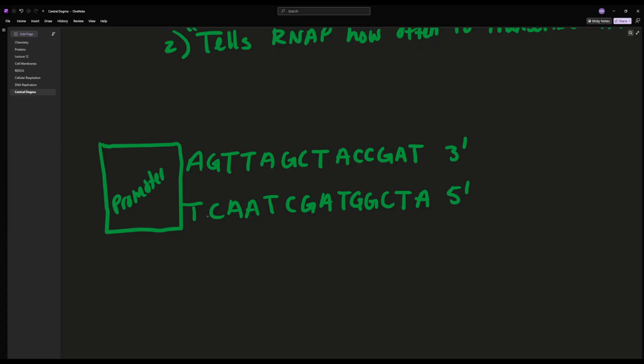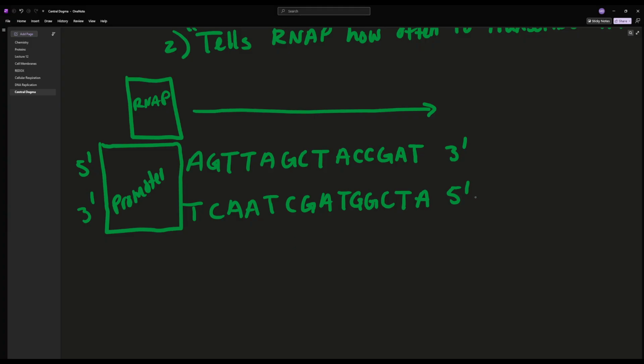I'm going to say that the promoter is on the left-hand side of the thing it's trying to transcribe. In other words, RNA polymerase is going to bind at the promoter, and because the promoter's to the left, it's going to start here and travel to the right.